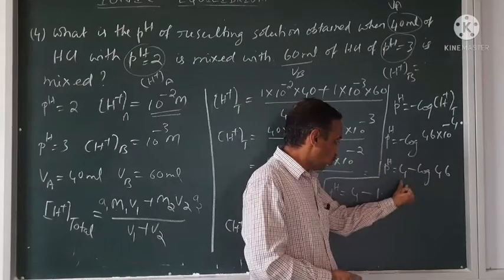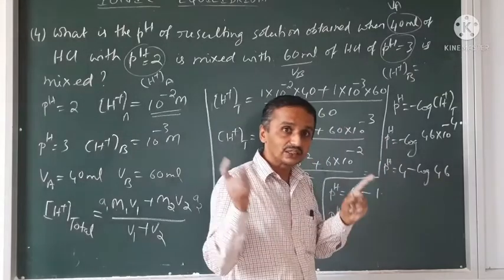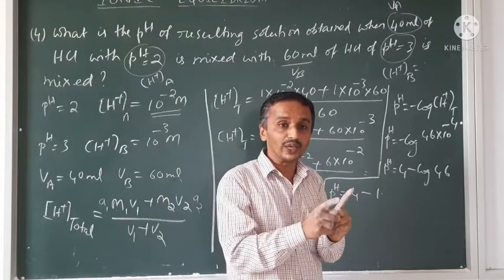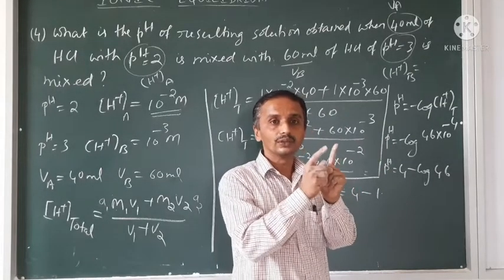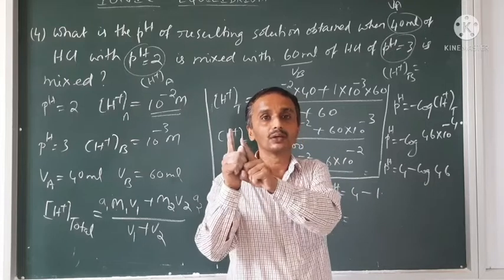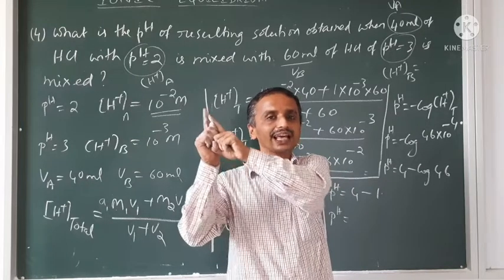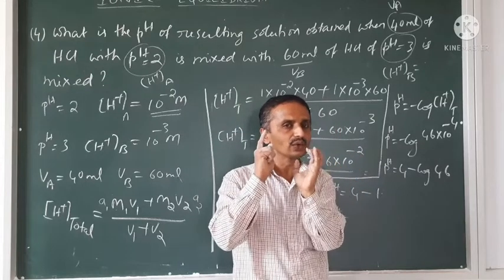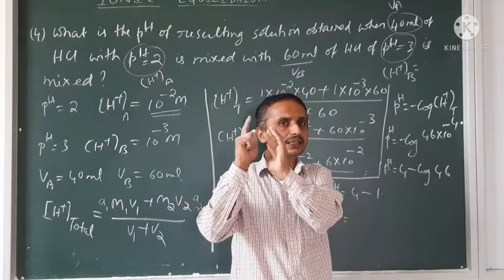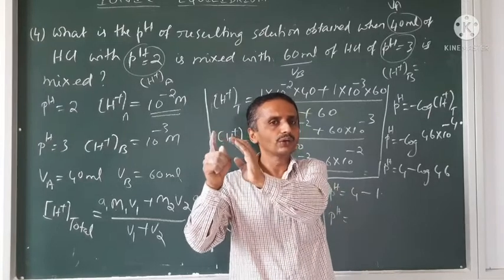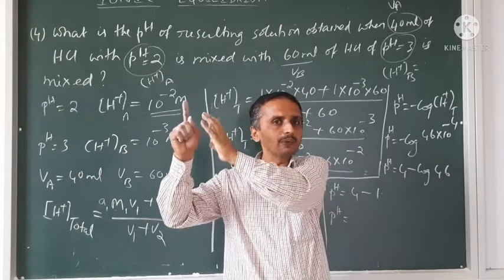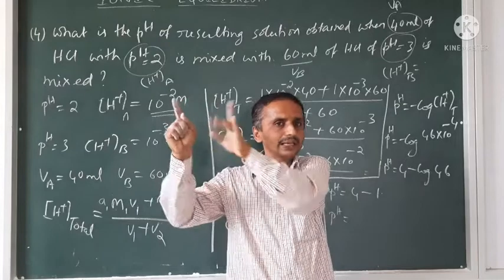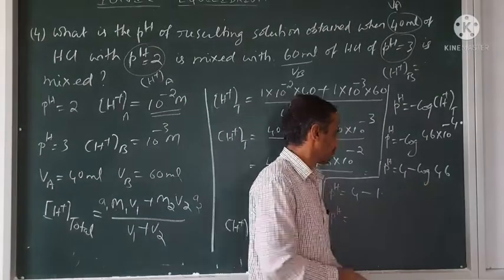So from 4 I have to subtract a value in between 1.6020 and 1.6990. I can repeat: I have to subtract a value in between 1.6020 and 1.6990.